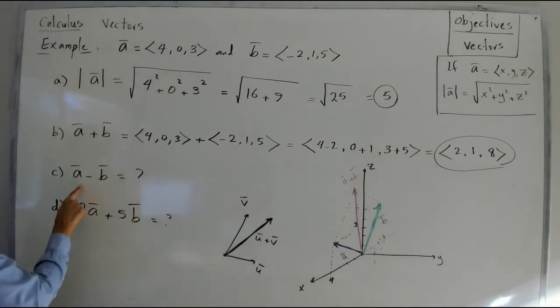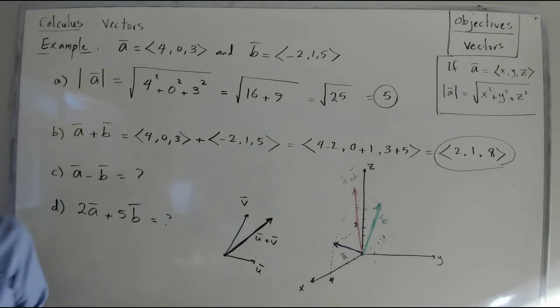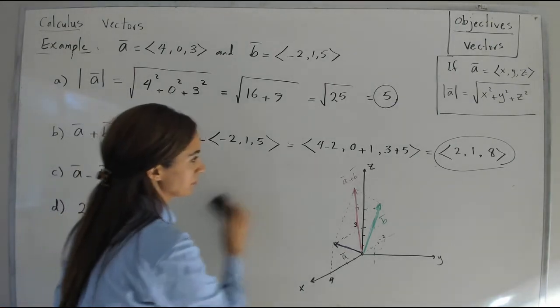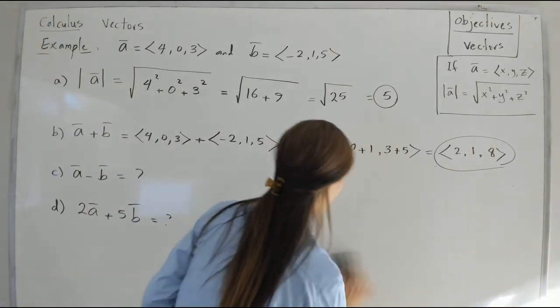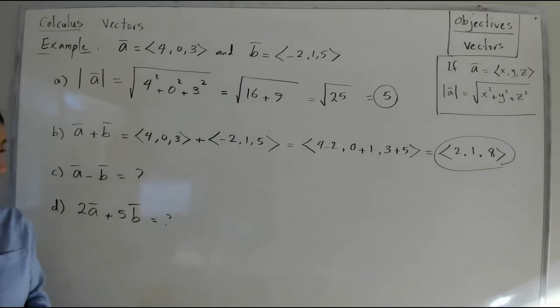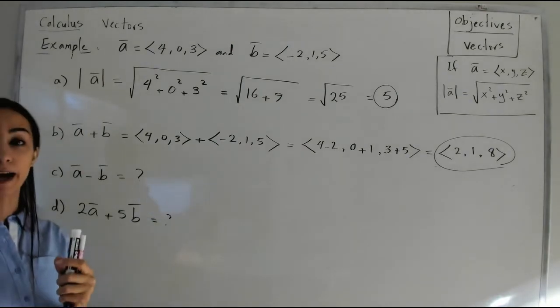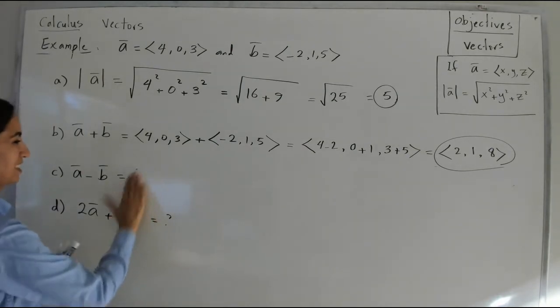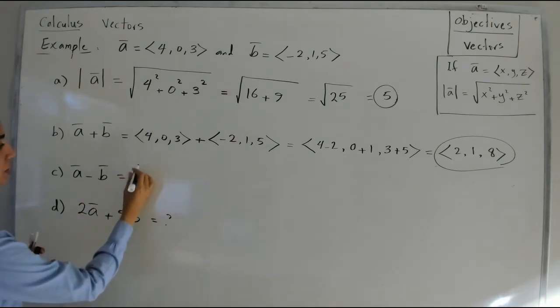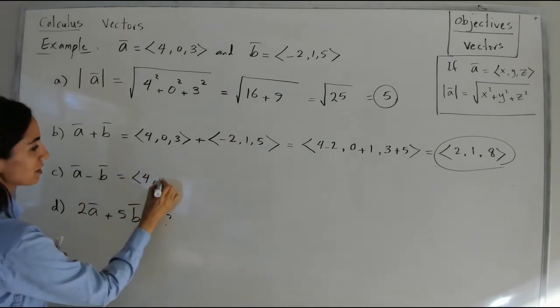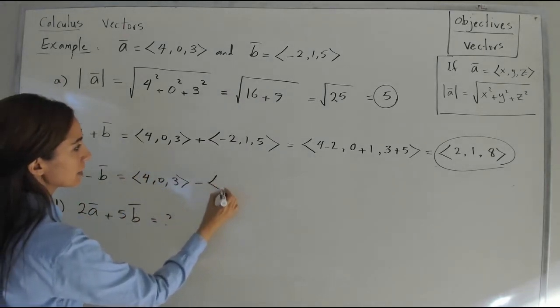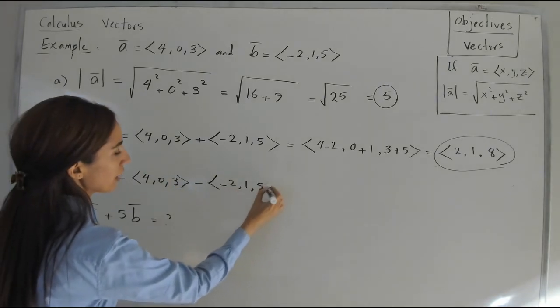There we go. What about the subtraction between these two vectors? For the subtraction, as you remember, we're going to subtract the components correspondingly. So here we have 4, 0, 3 minus negative 2, 1, and 5.